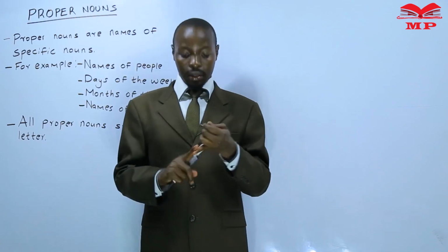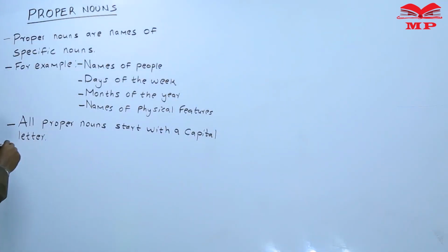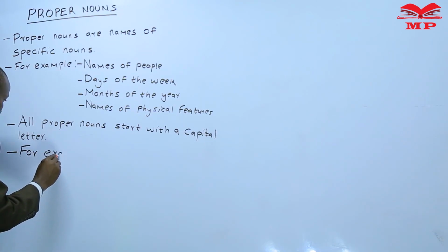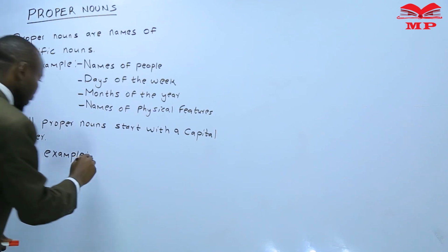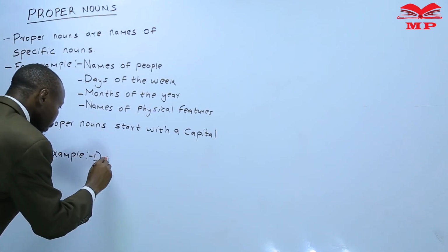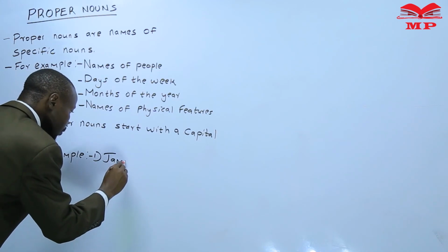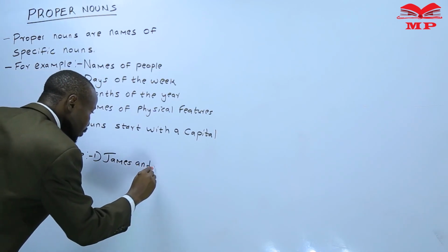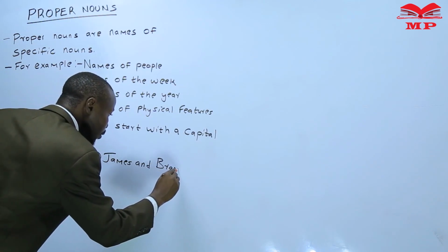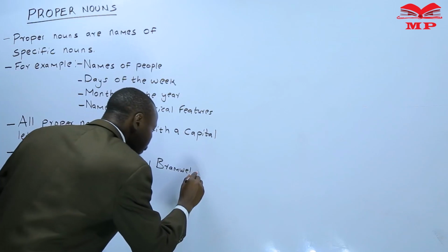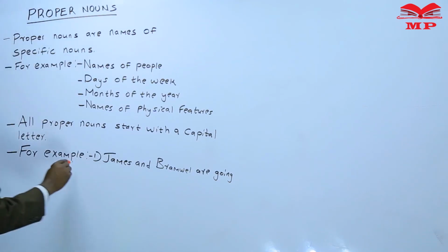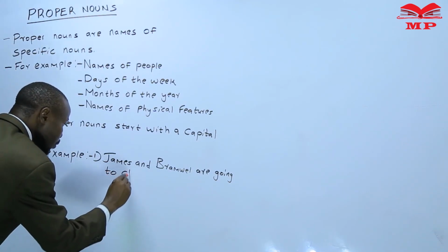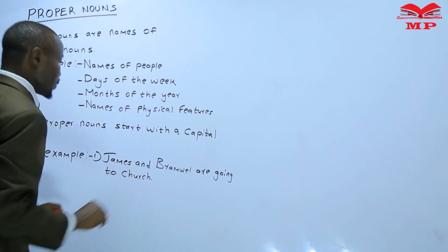You'll start with the capital letter B. So for example, in a sentence form, sentence 1, we have James and Bramwell are going to church.